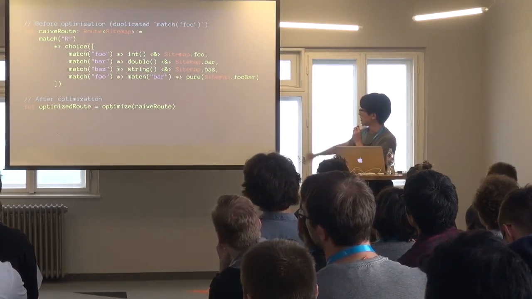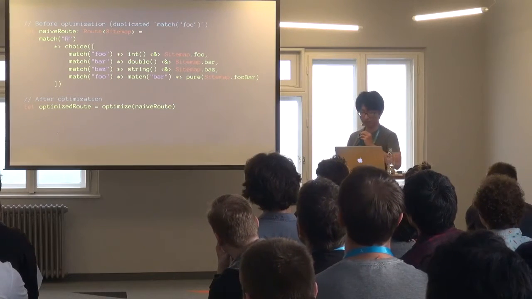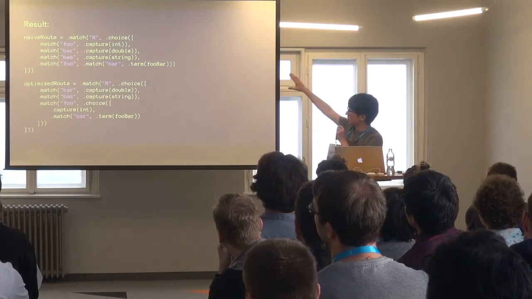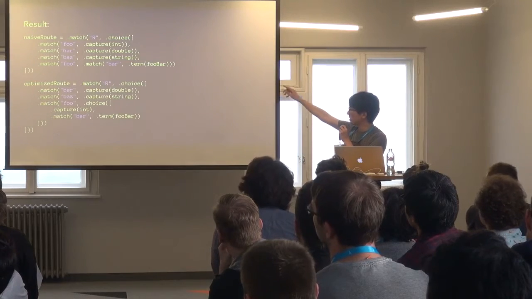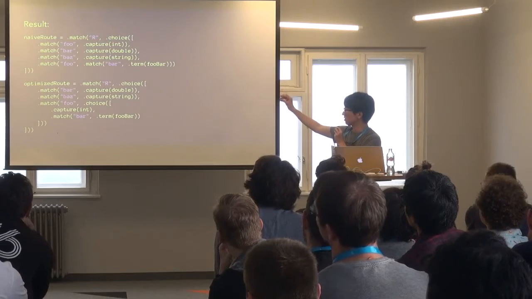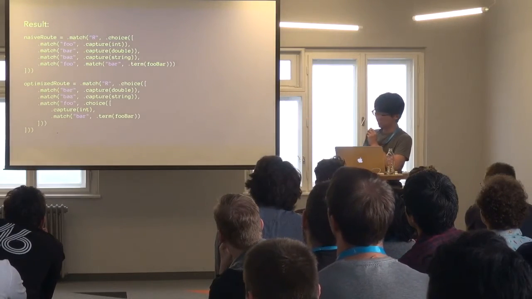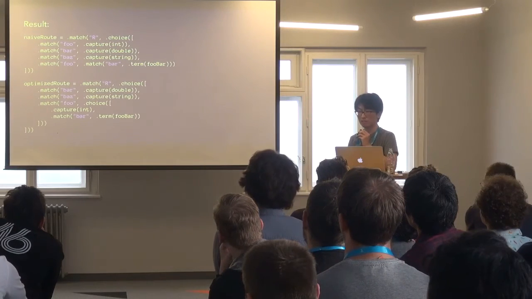And you just call the optimize function to make an optimized route. And what happens is the top one is the naive route and the bottom one is an optimized route. You can see that the match foo is now merged into a single node, and we have a subtree like this. So yes, we could make an optimized URL route in a very functional way.